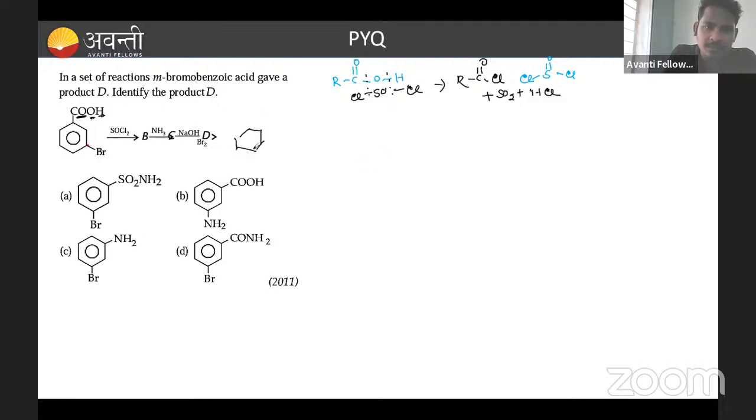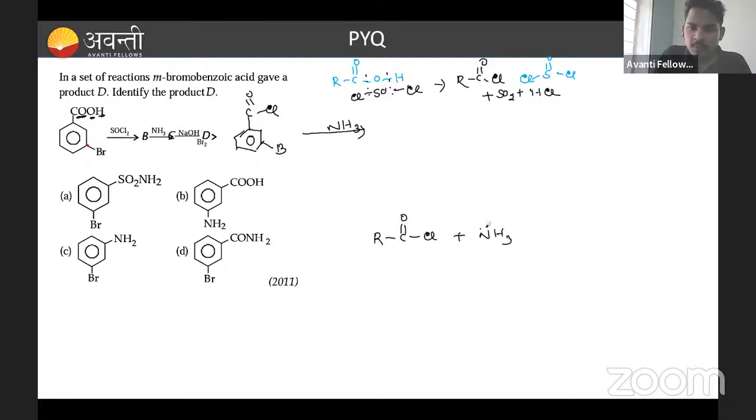B is this one, COCl, and bromine is here. And after that, what will we do? We are adding NH3. So what answer will we get? We know this. Whenever we have any carbonyl carbon, take the Cl group only, and if we add this with ammonia, what will happen?